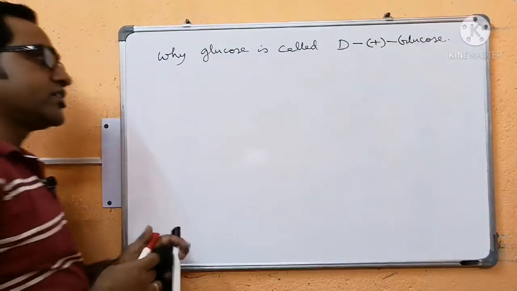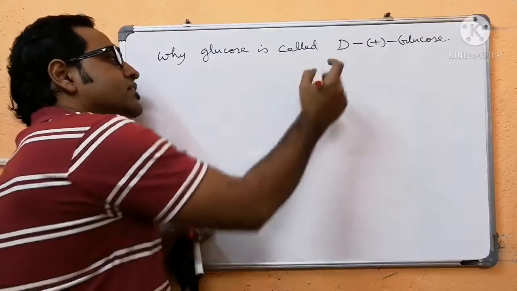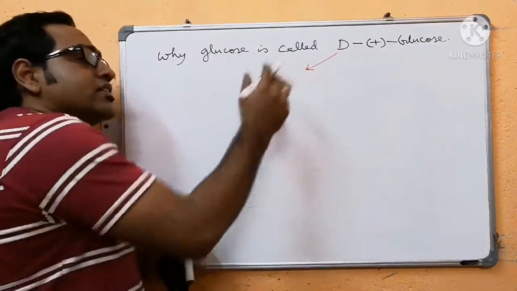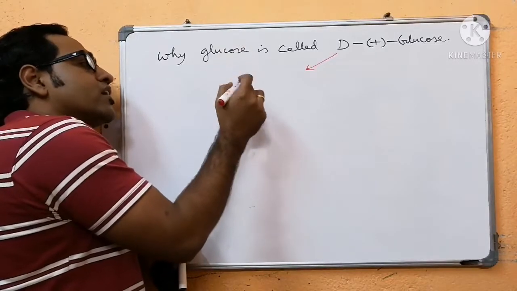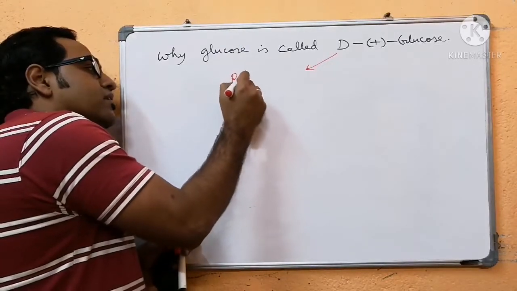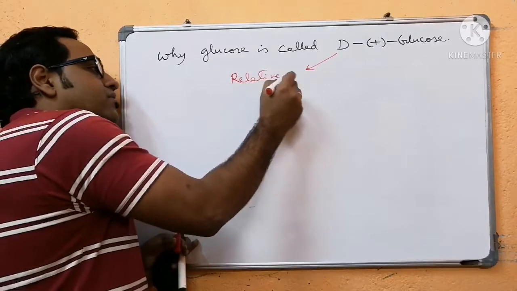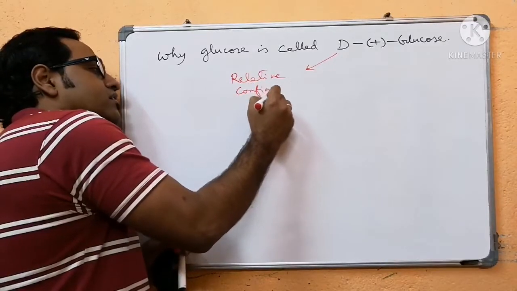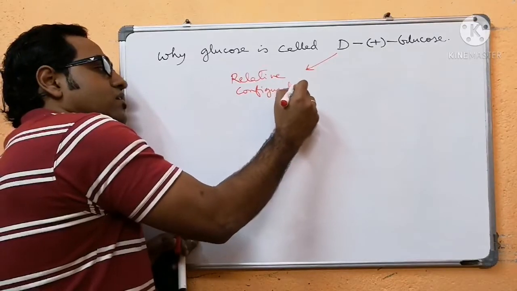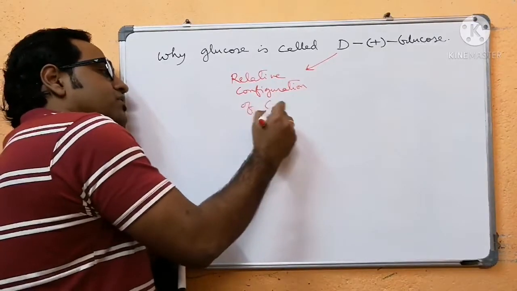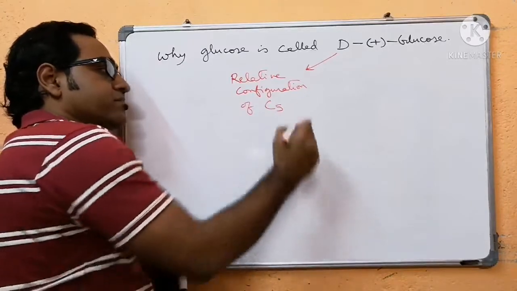this we have to understand. This capital D says the relative configuration of the C5 atom.